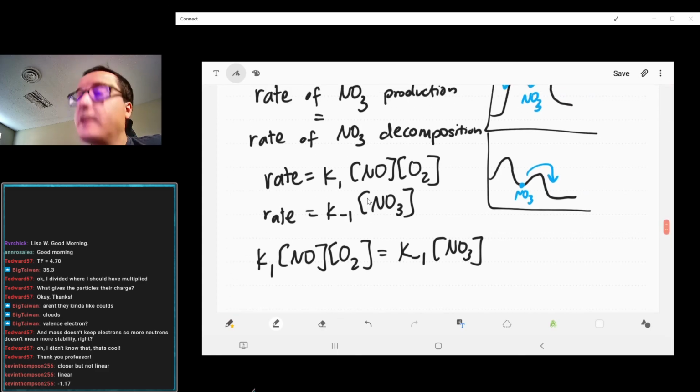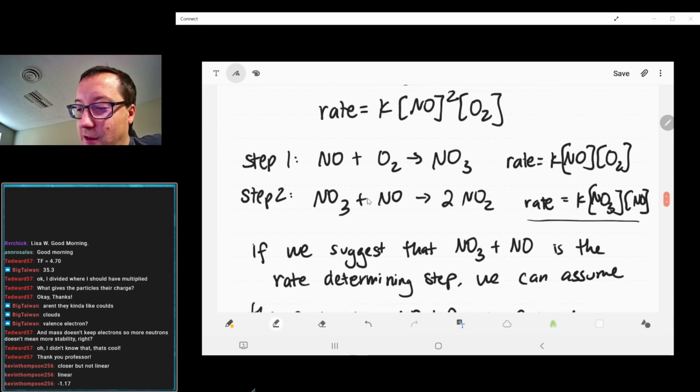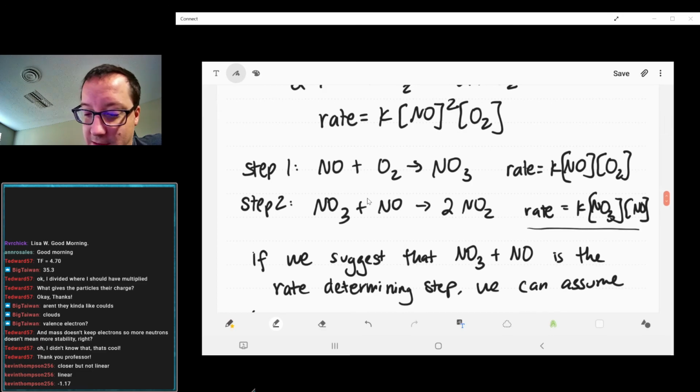It's always interesting to teach this because it's kind of like, why are we doing this? If we look at our rate laws, if we're going to suggest that the second step is slow, we're going to see if there's a way we can get these two to work with each other.